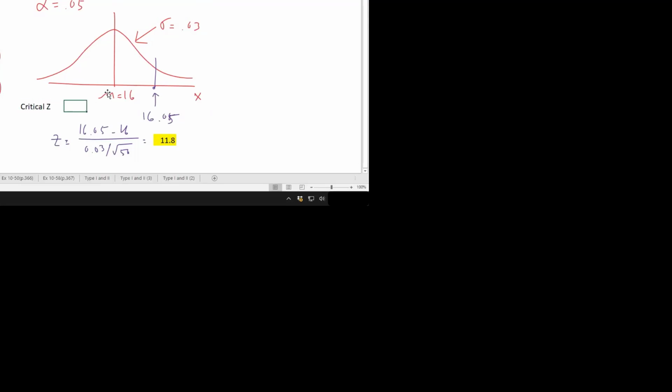Okay, thank you. So how did we obtain critical z from previous problems? We used the NORM.S.INV function, right? 0.95. Why 0.95? Because the significance level is on the right side of the tail.